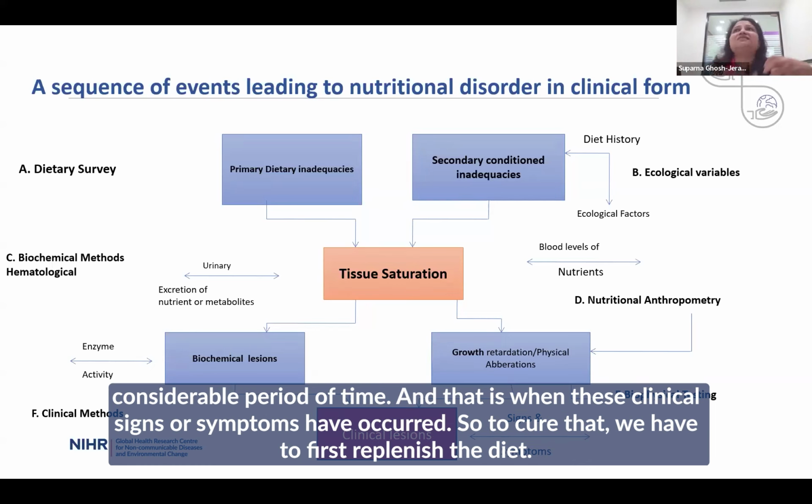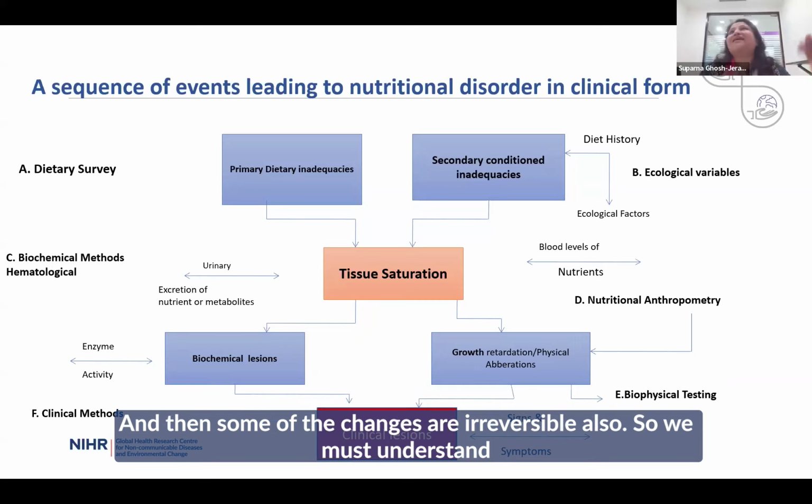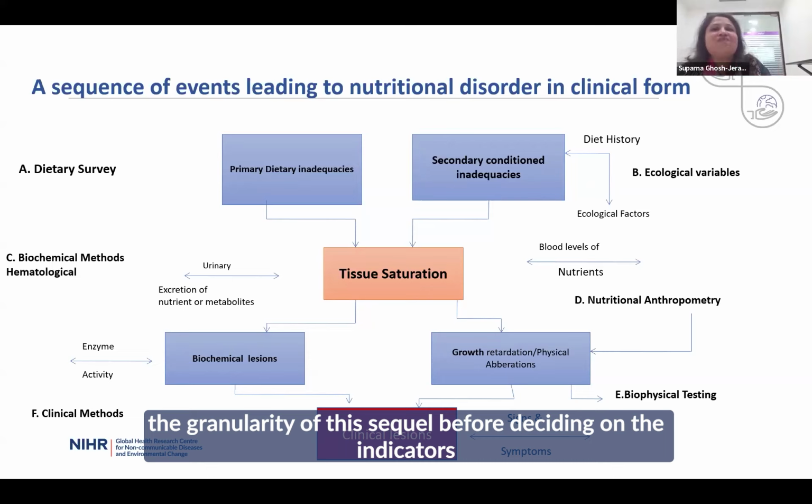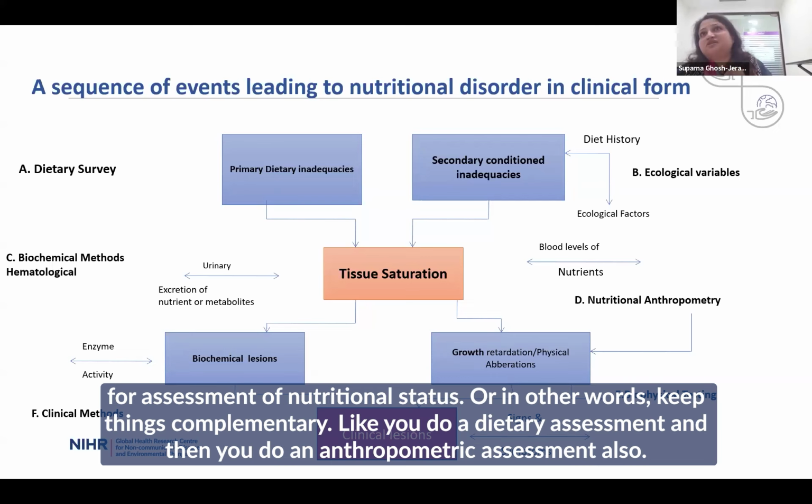And that is when these clinical signs and symptoms have occurred. So to cure that, we have to first replenish the diet. And then some of the changes are irreversible also. So we must understand the granularity of this sequence before deciding on the indicators for assessment of nutritional status.